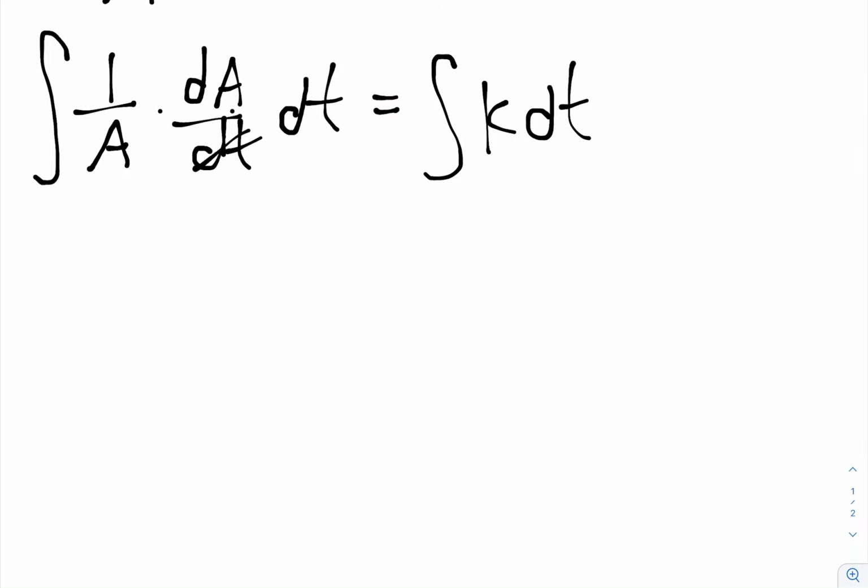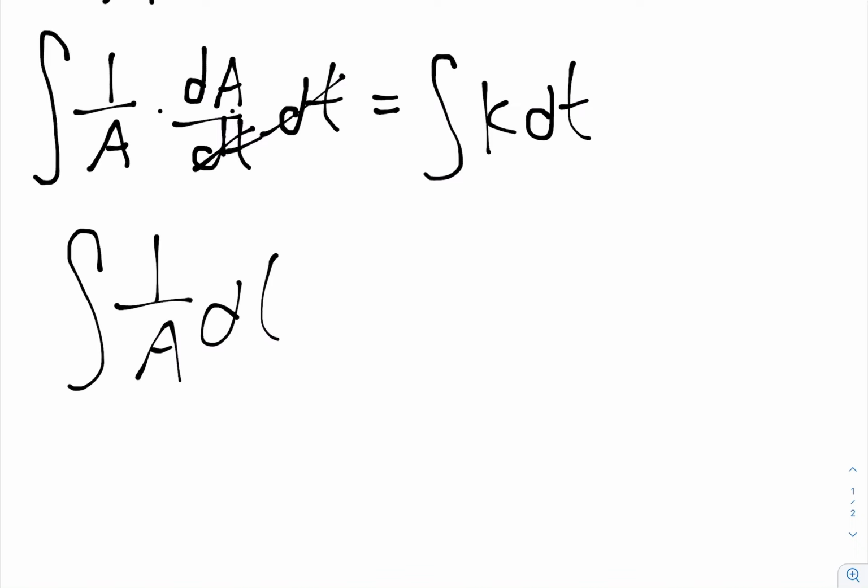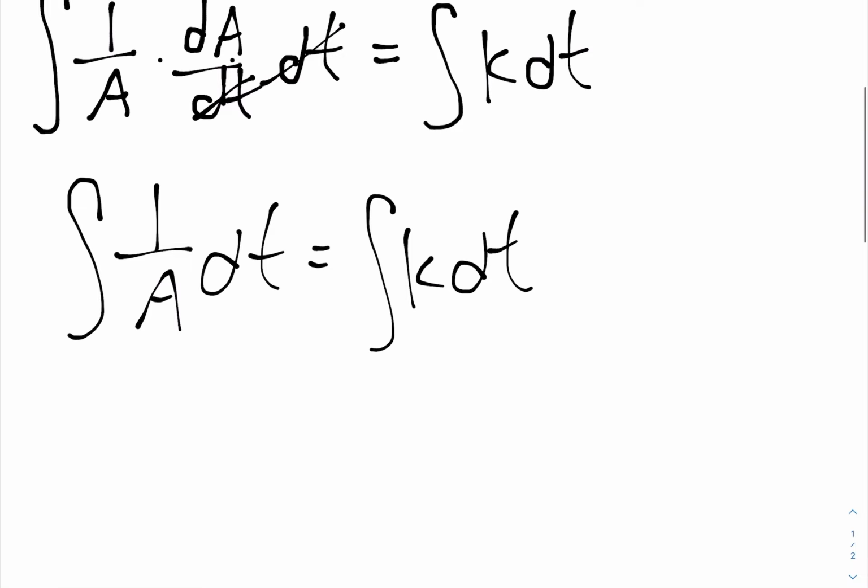Well, we see these two dt's can cancel out, so we get the integral of 1 over A equals the integral of k with respect to t. Oh, sorry, this is the integral of 1 over A with respect to A, because the dt is canceled. I don't know why I wrote dt.